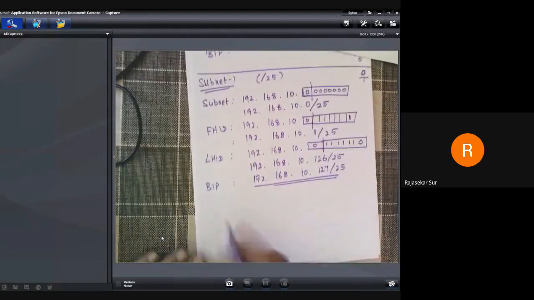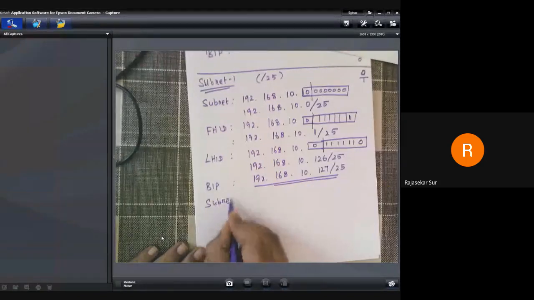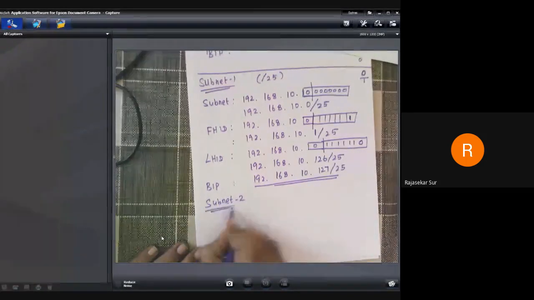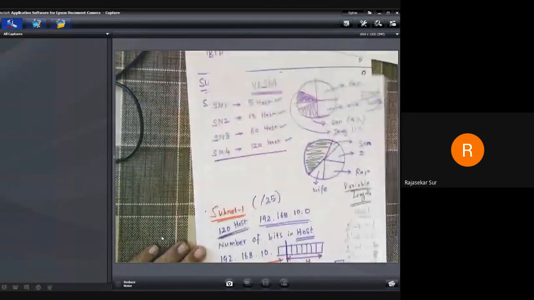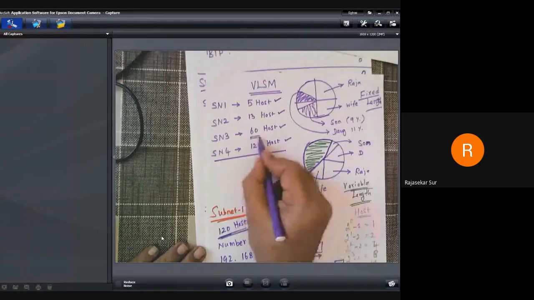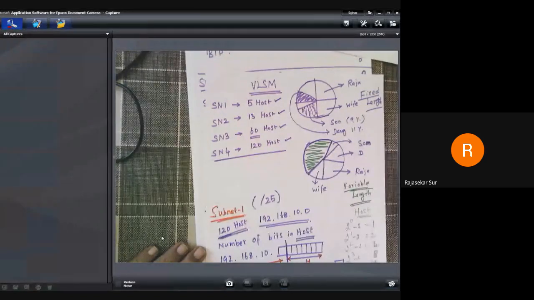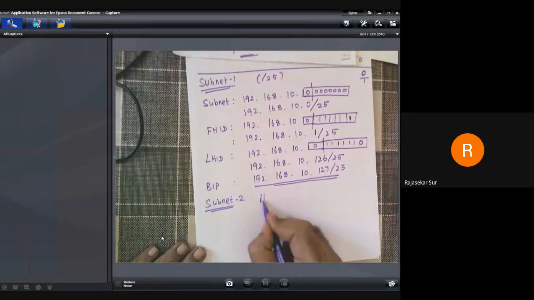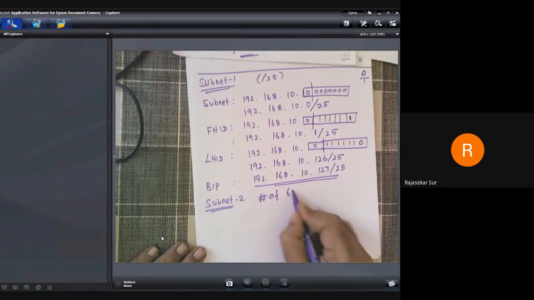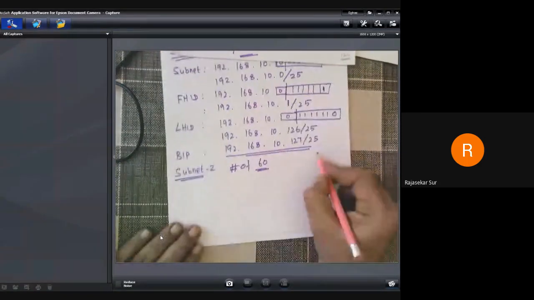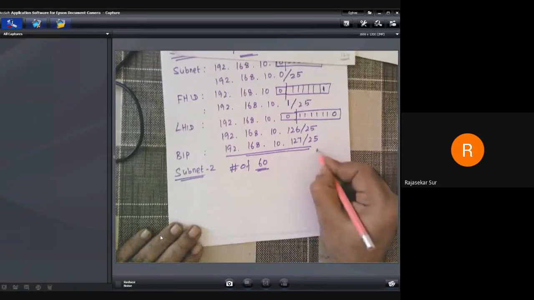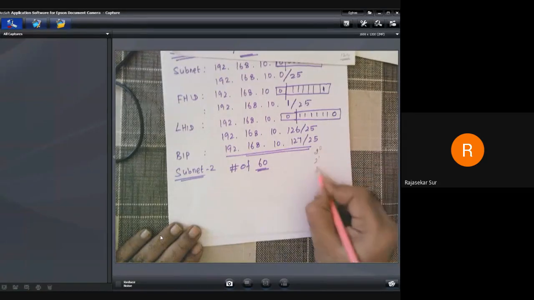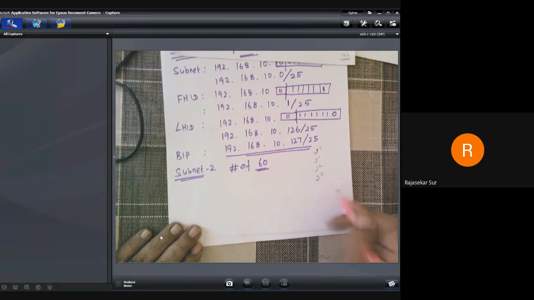Listen, I'm going for the second subnet. In the second subnet, you have to take the next maximum. The next maximum is 60. So, the number of hosts is 60. Go to the formula. What is the formula? 2 to the power of 0, 2 to the power of 1, 2 to the power of 2, 3, 4, 5, 6.